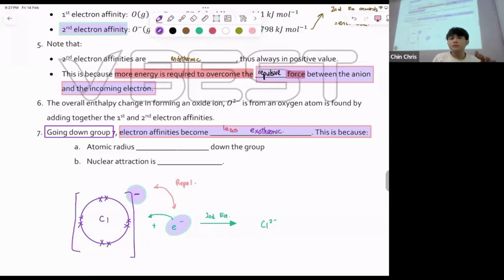Guys, again, avoid using the word increase or decrease. Use more exo or less exo. Reason being, atomic radius increases down the group. Attraction is weaker now. Done.